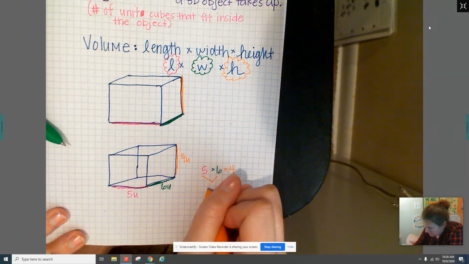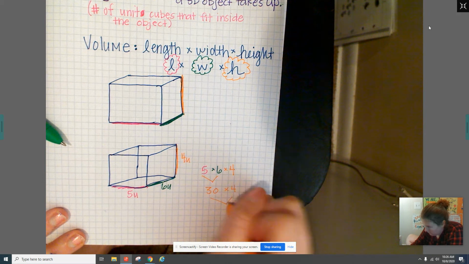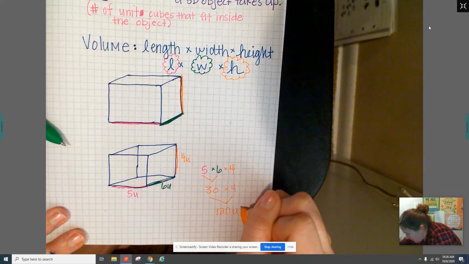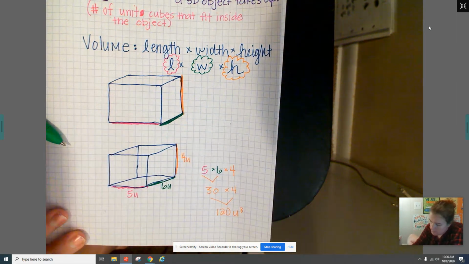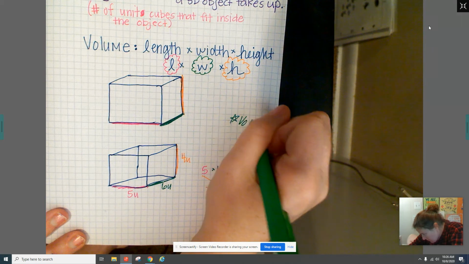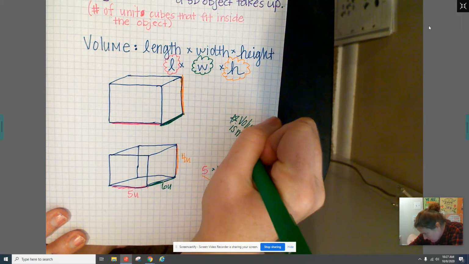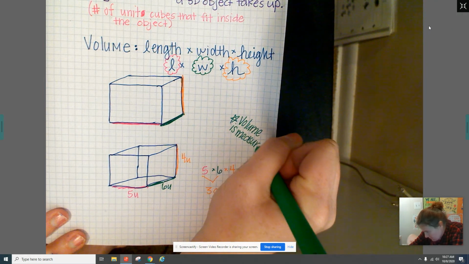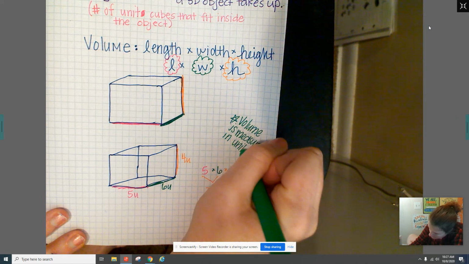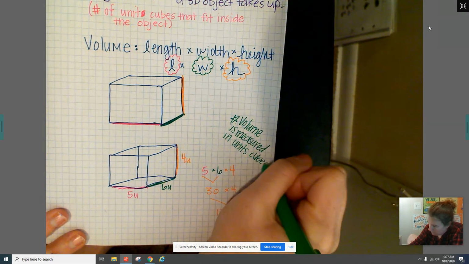Five times 6 is 30. 30 times 4 is 120, in units cubed. We need to make a note of that. Volume is measured in units cubed, or with the little 3.